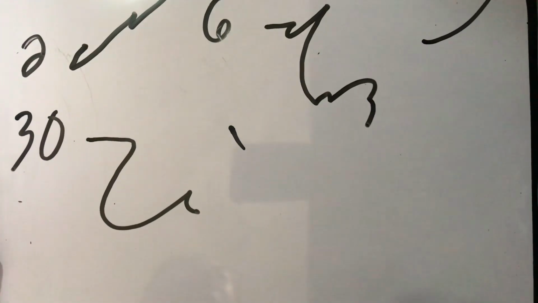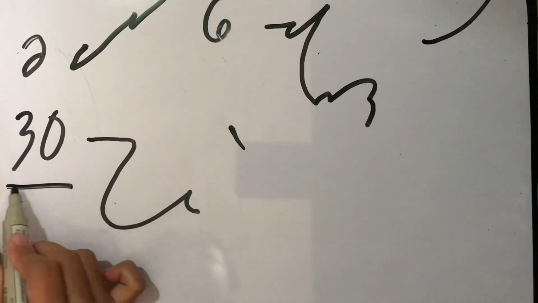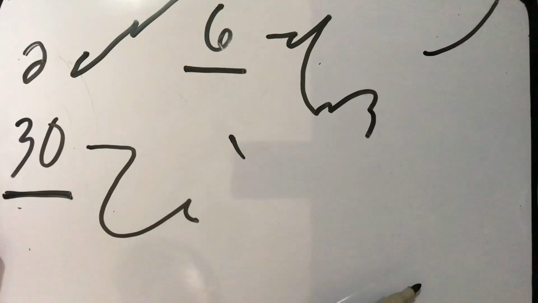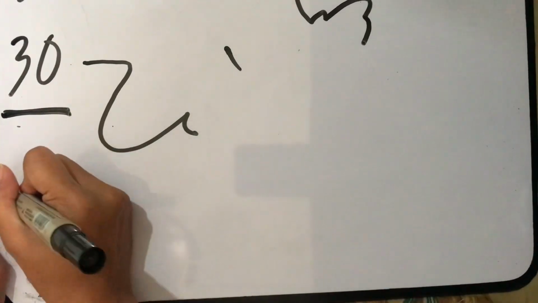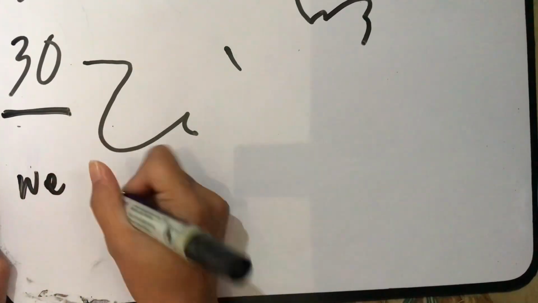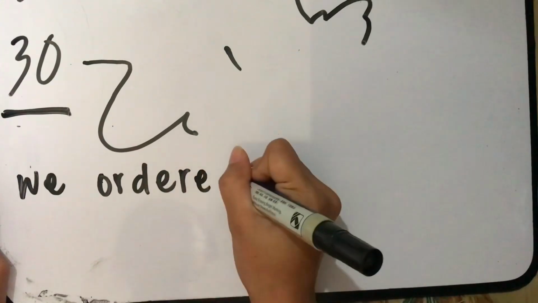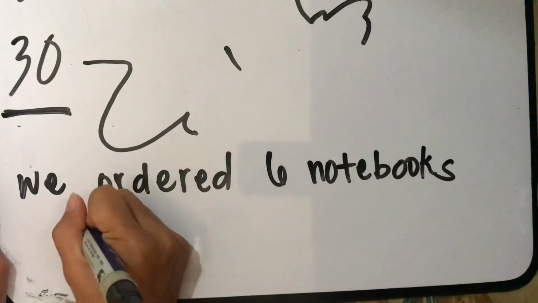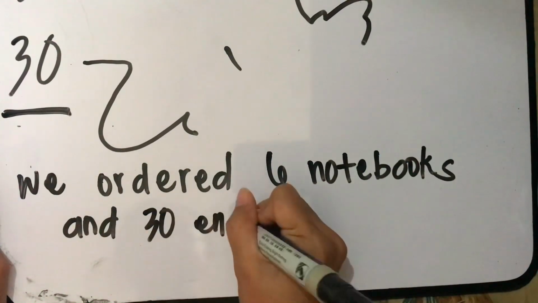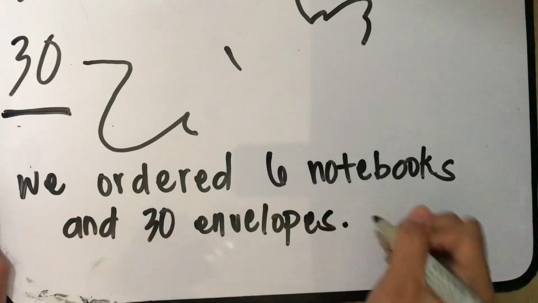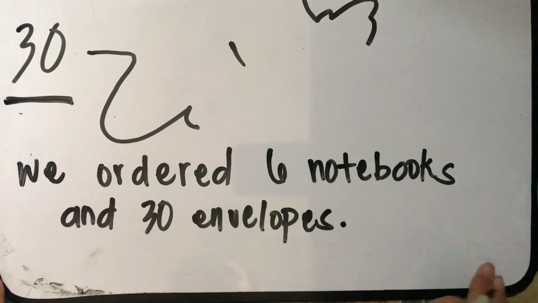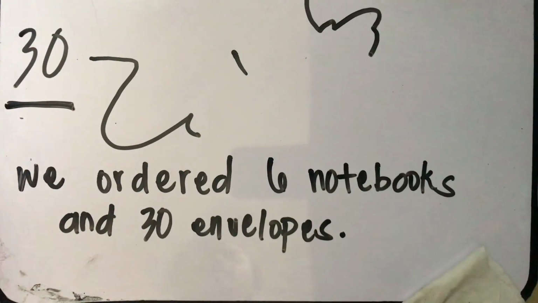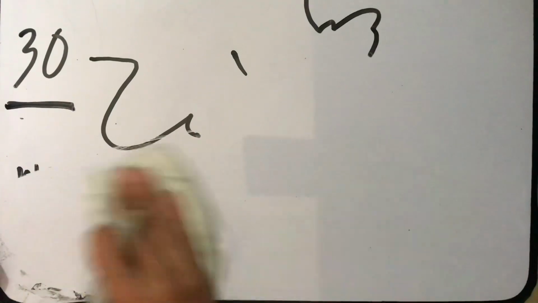If we were going to transcribe it, the 30 figure and 6 figure will remain the same since 30 is above 10. So in longhand, we will write them like this. We ordered 6 notebooks and 30 envelopes. 30 is above 10, that is why we are going to write them in figure form.